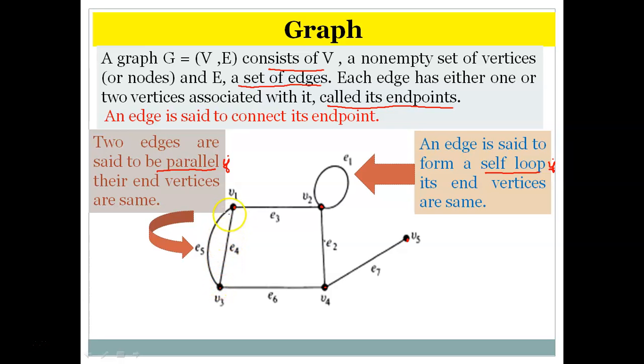Definitely E4 is a different edge and E5 is a different edge, but their end vertices are the same, so these two are called parallel edges. It is not that the lines should be parallel. The concept of parallel edges means edges which have the same endpoints.